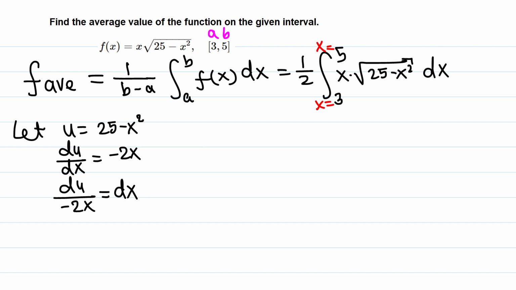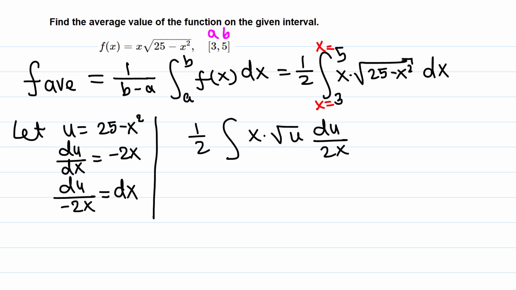Okay, so let me do it with x. I'm going to ignore the limits for now. That means 1/2 times the integral of x times the square root of u, and dx is given by du over negative 2x.